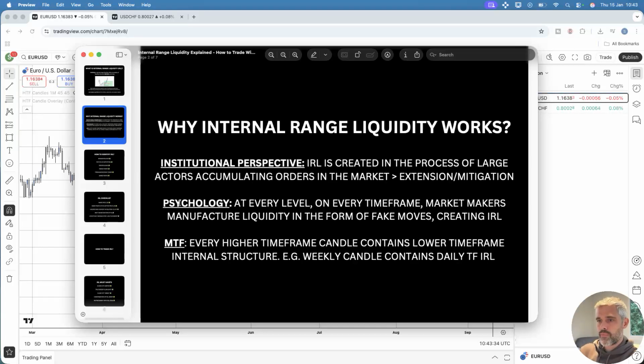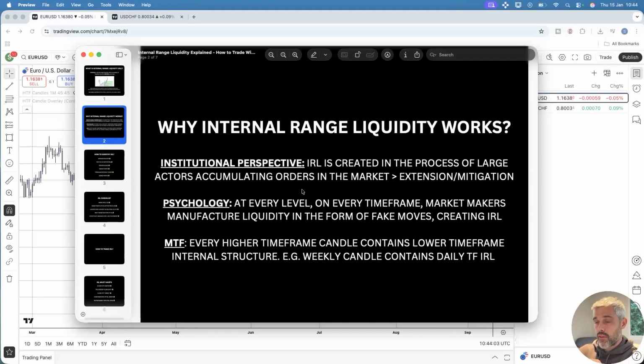Psychology. So at every level, on every time frame, market makers, institutions are manufacturing liquidity. So in the same way that institutions want to build large positions, in order to do that, they need to entice retail traders, other smaller actors into the market in the opposing direction so that they can buy or sell against them in order to build bigger positions.